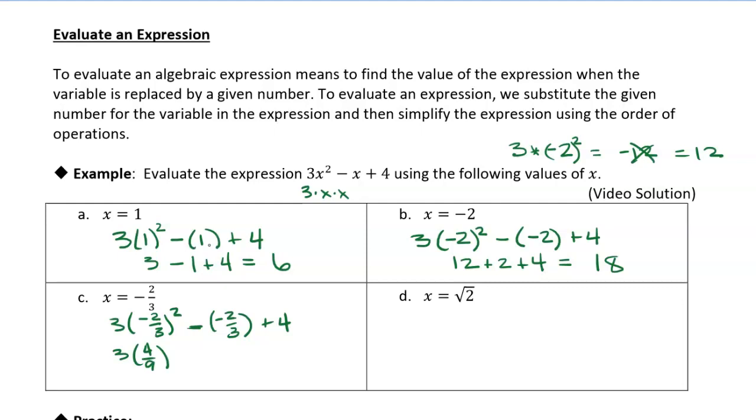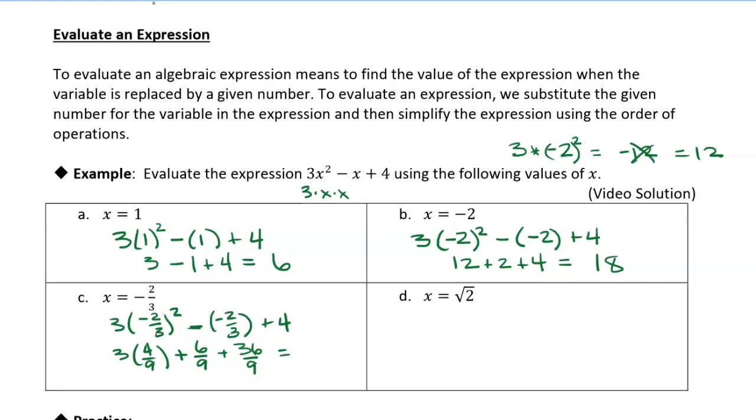I already have a 9 in this denominator, so I'm going to change this to ninths. I can make this plus 6/9, because 6/9 is the same as 2/3. And then again, I need ninths, so I'm going to take this 4 and turn it into 36 ninths, because when I add all this together, I'm going to need a common denominator.